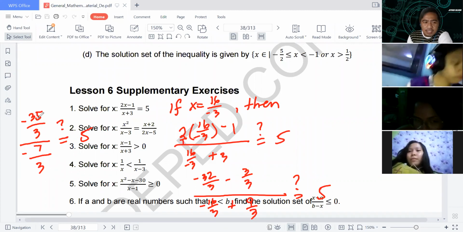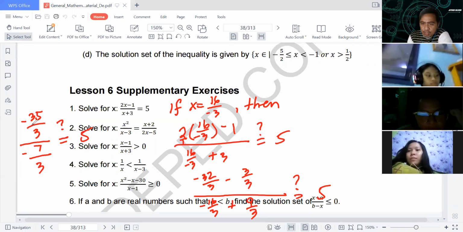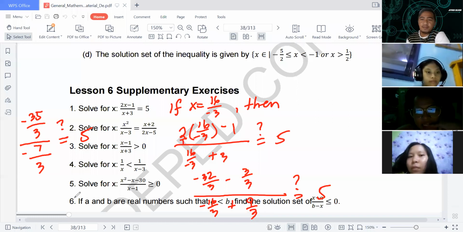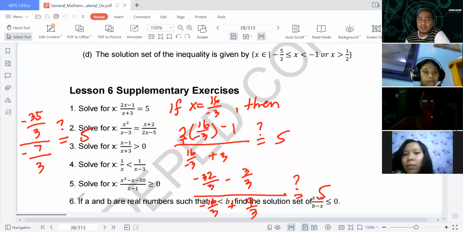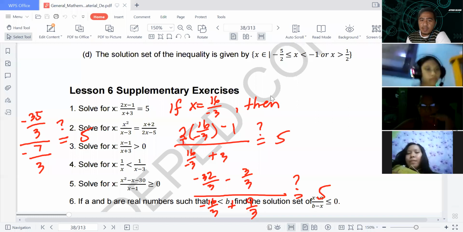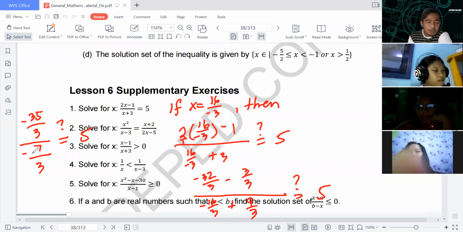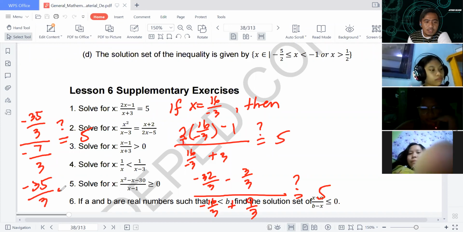The next thing is a fraction divided by another fraction, right? So how do you divide a fraction by another fraction? Get the reciprocal. The very first thing is you copy the numerator, negative 35 over 3. You change the operation to multiplication and you take the reciprocal of your denominator.